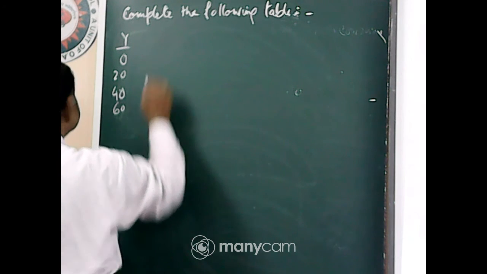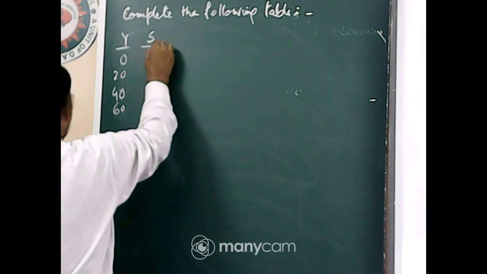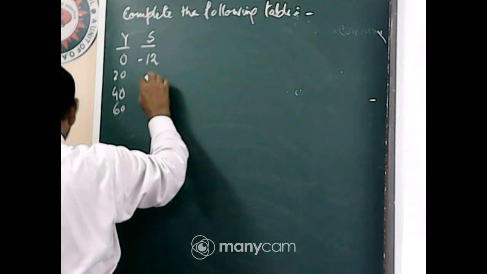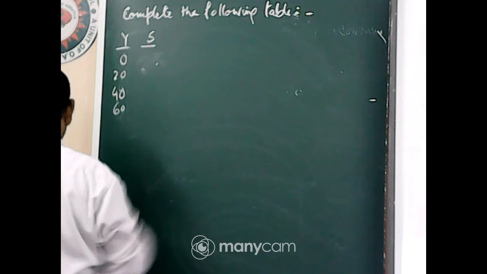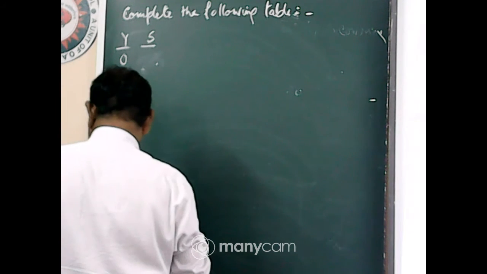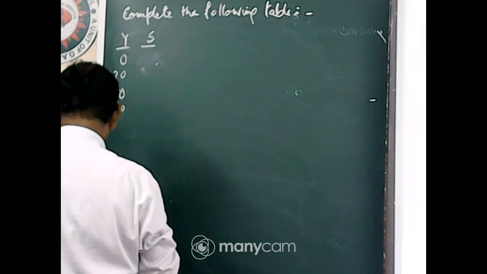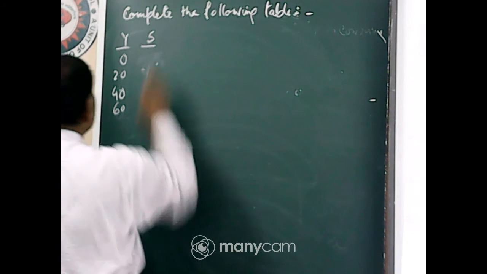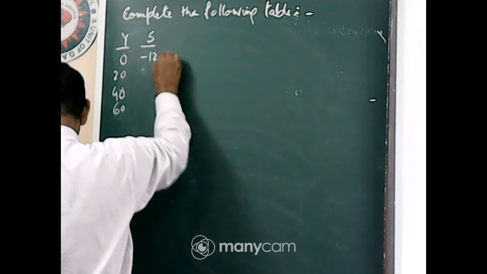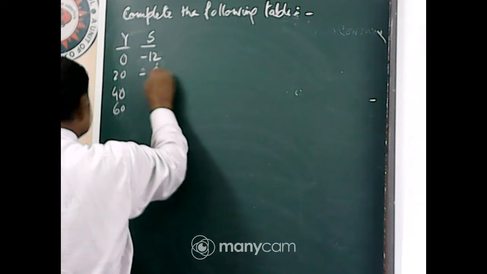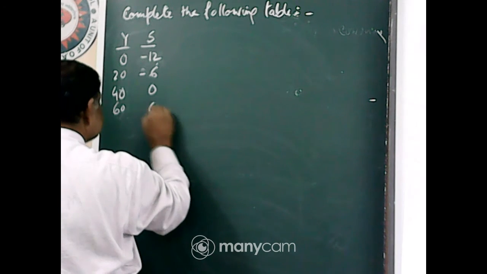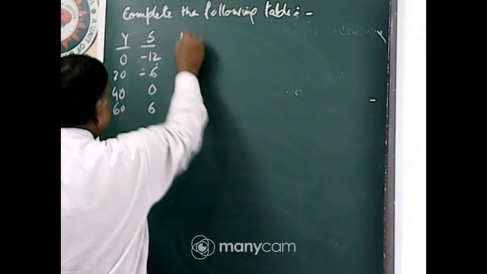Saving: minus 12, minus 6, then 0, then 6. So saving is given, and then you have to calculate consumption.